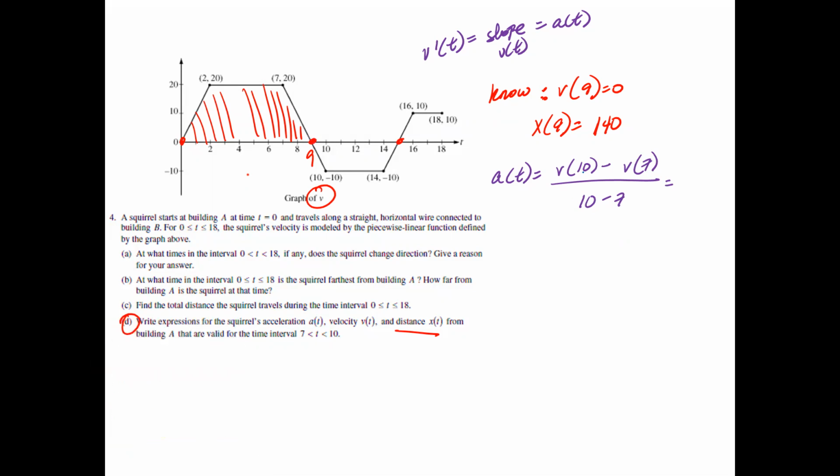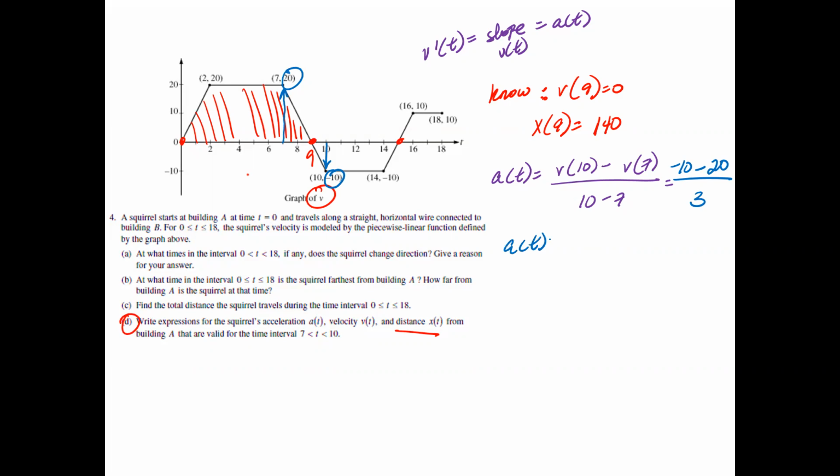So let's take a look at the y values. When x is 10, what is my y value? My y value is going to be negative 10. Minus v of 7. When x is 7, what is my y value? It's 20. Divided by 10 minus 7, which is just going to give me 3.